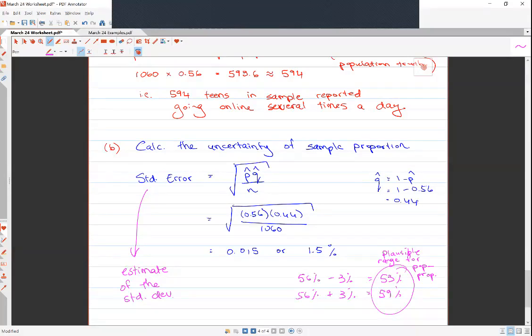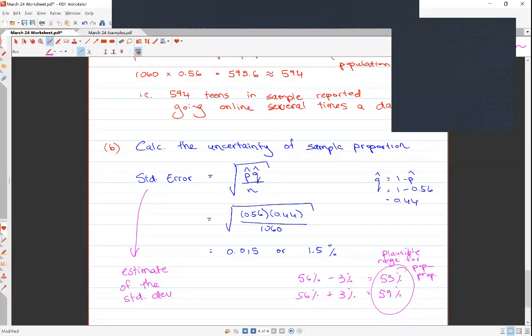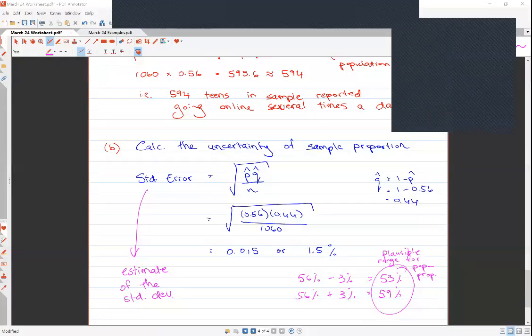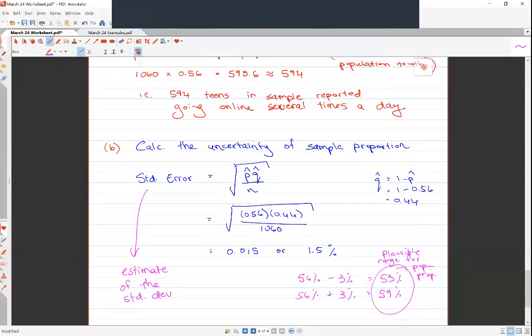So let's see, I know I've had a few more questions come in. I had a couple of questions here about the difference between P and P hat. And so this is just where you want to pay close attention.